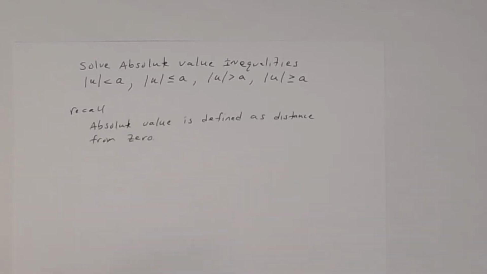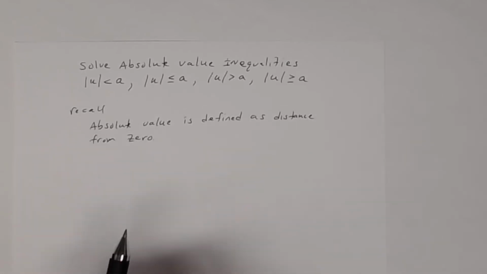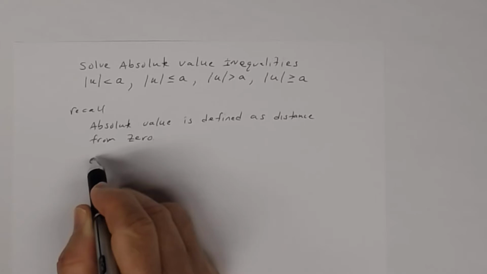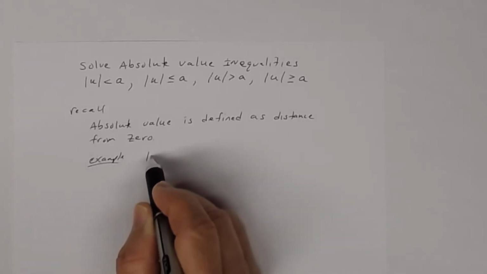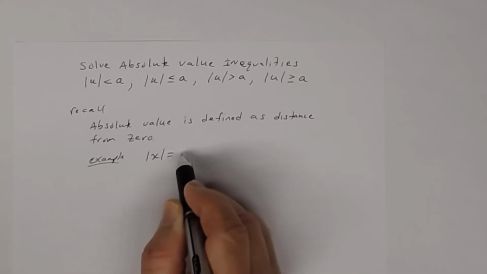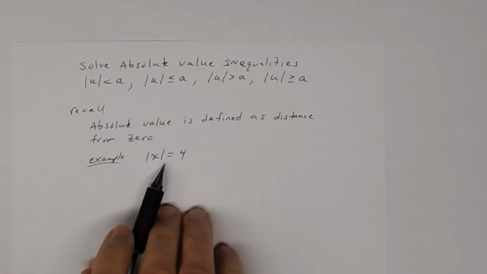So recall, absolute value is defined as distance from zero. So for example, if I have the absolute value of x is equal to, let's say, 4. The absolute value of x equal to 4. So remember what this means.